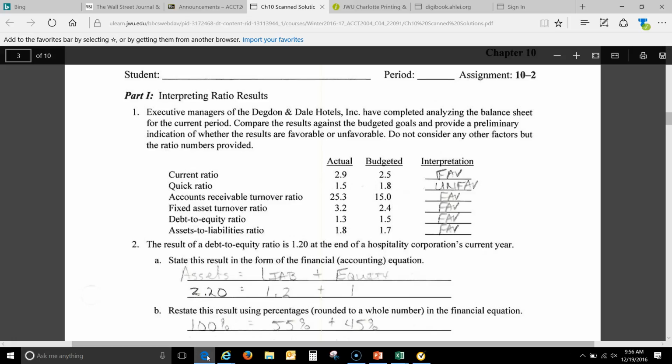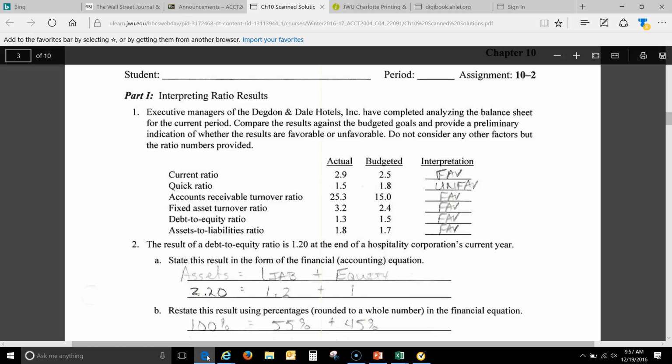Then it would be a favorable variance. What if our competitors were doing 1.7? We would have another unfavorable variance. Okay. You getting the idea here? It depends on what you're comparing it to, and we can have an unfavorable and favorable all in the same comparison here.